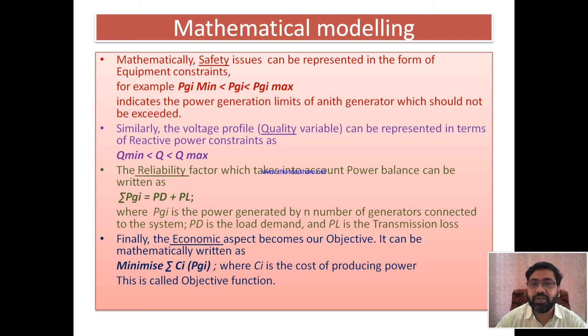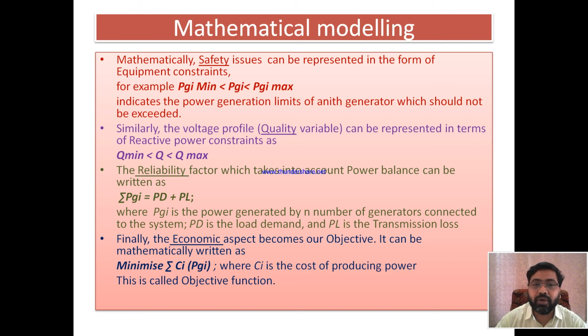That is the PGi max. Similarly, there is a minimum power also, because, for example, boiler temperature cannot be maintained unless the boiler is run at a minimum power value. That indicates the PGi min. So this inequality has always to be maintained.